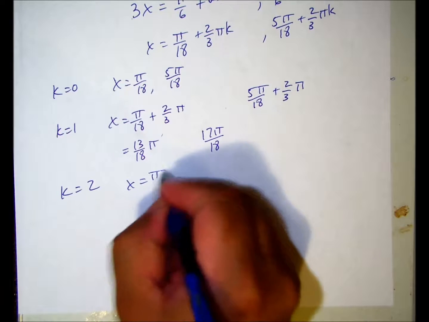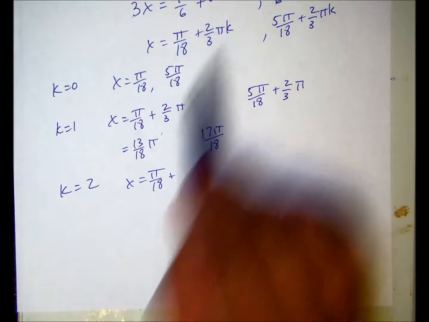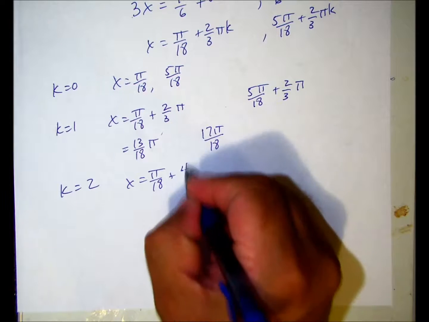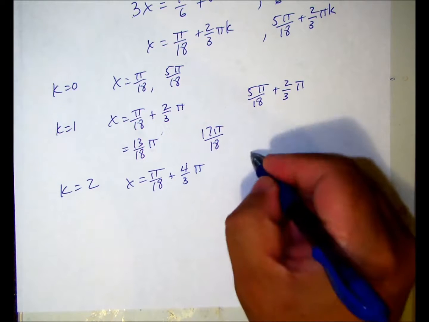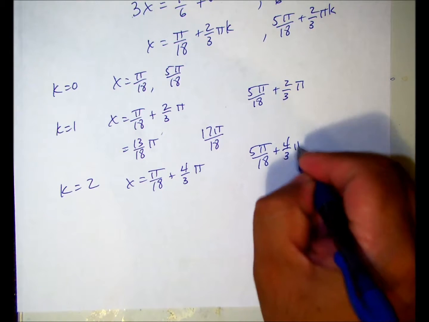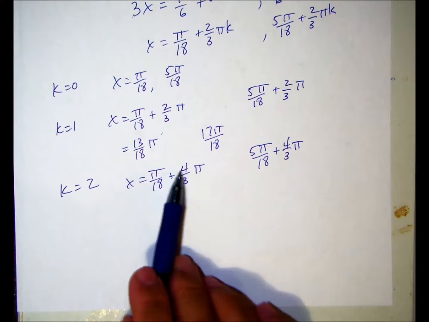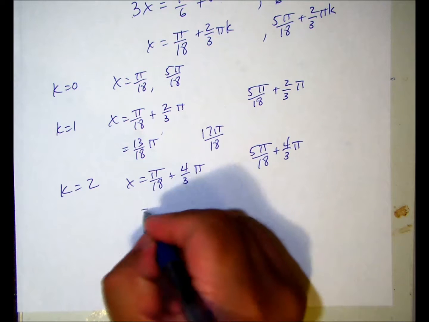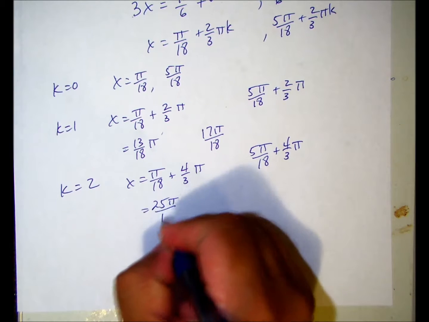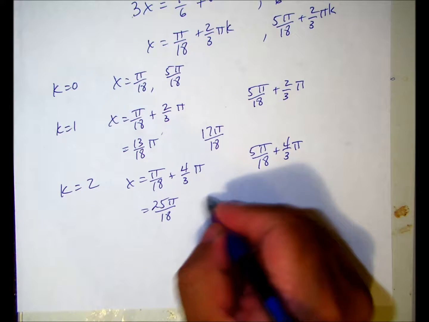Alright, k equals 2. So it's going to be x equals pi 18ths plus, I am plugging in 2 for k, so that's going to be 4/3 pi. And 5 pi over 18 plus 4/3 pi. Alright, so again, multiply by 6, so that's going to be 25 pi. And again, what's that? 29 pi.